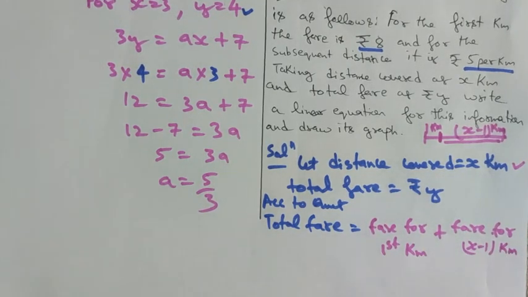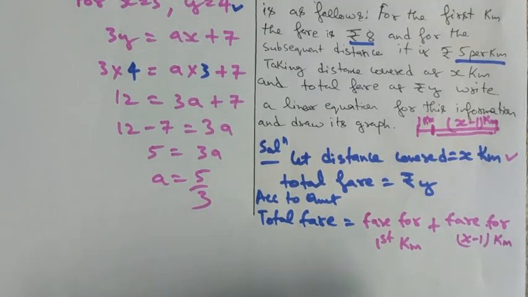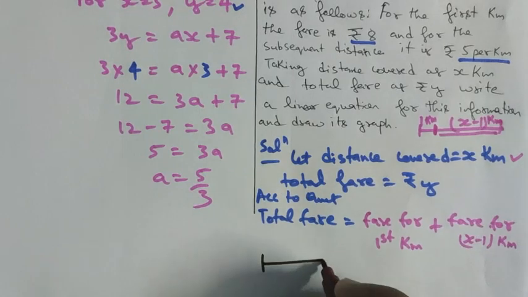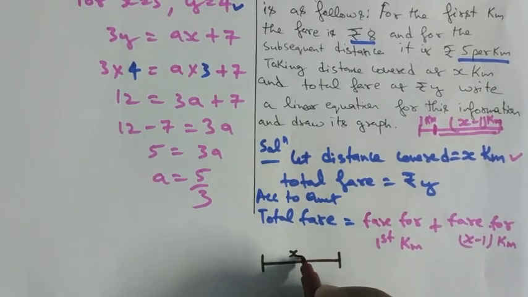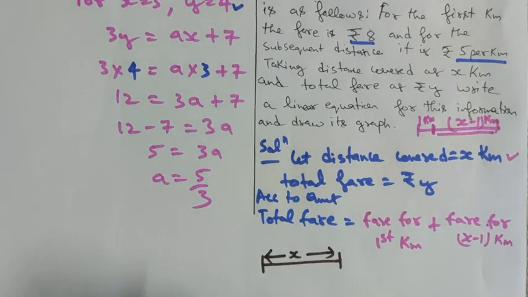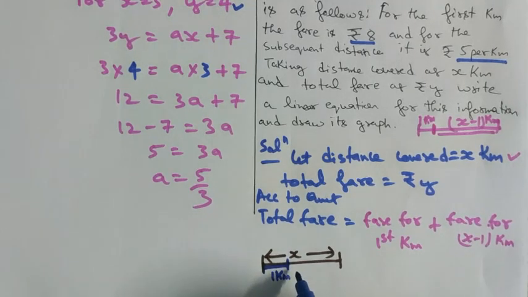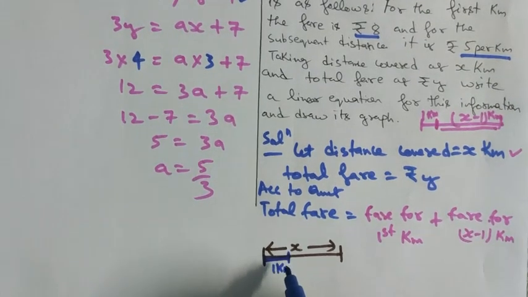Again, I am explaining once more: the total distance covered is x kilometers, and the first kilometer of the journey is covered. How much journey is left after covering 1 kilometer?